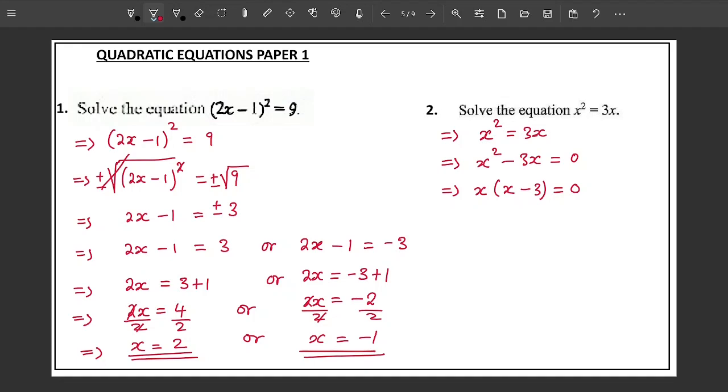Whenever you are multiplying two terms and the answer is 0, automatically you must know that one of the two numbers is 0. Imagine y times z, the answer is equal to 0. Then you must know that one of these is 0 or both of them are 0.